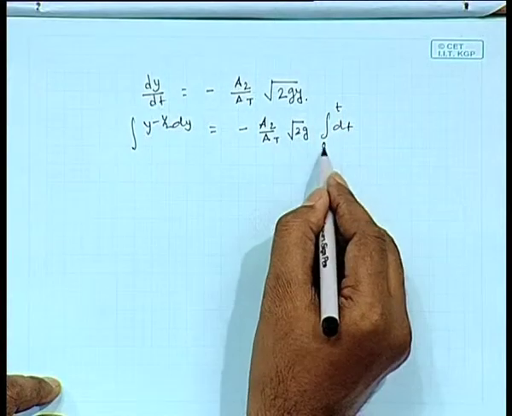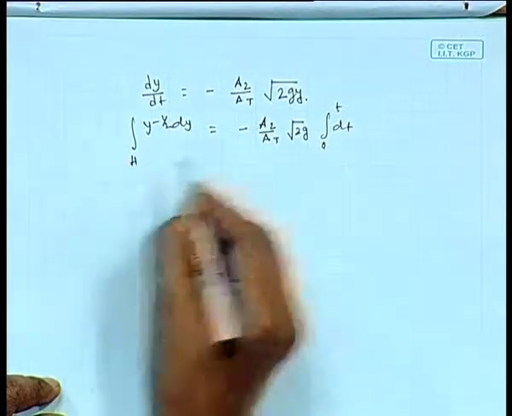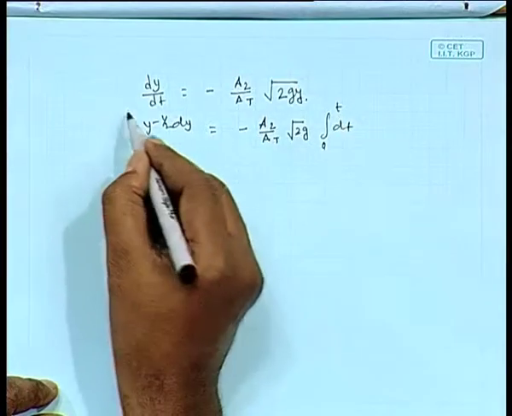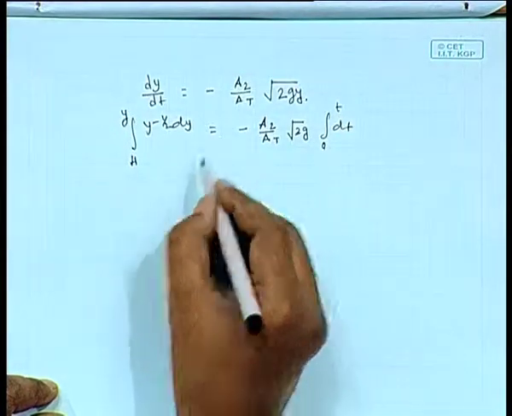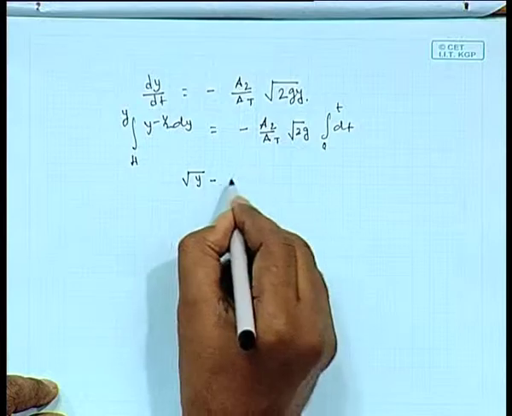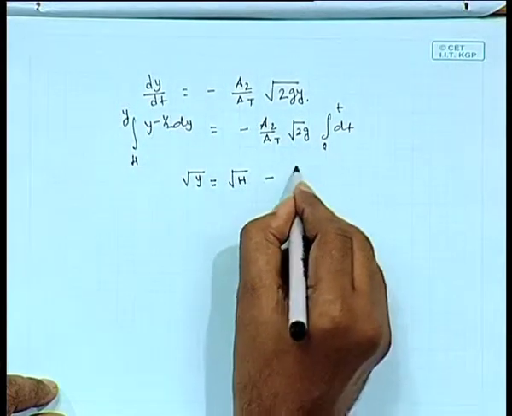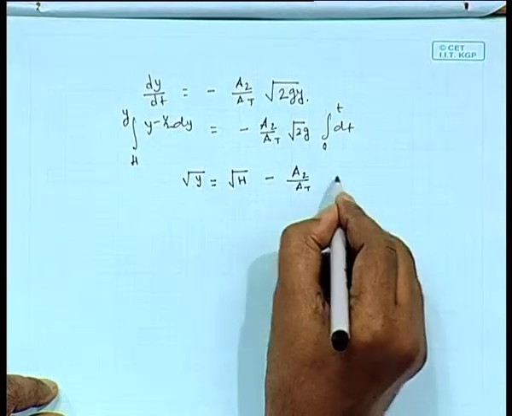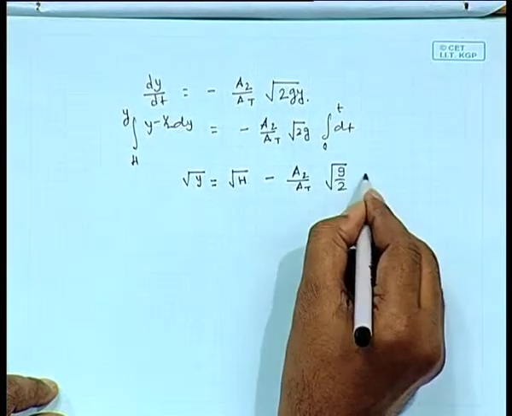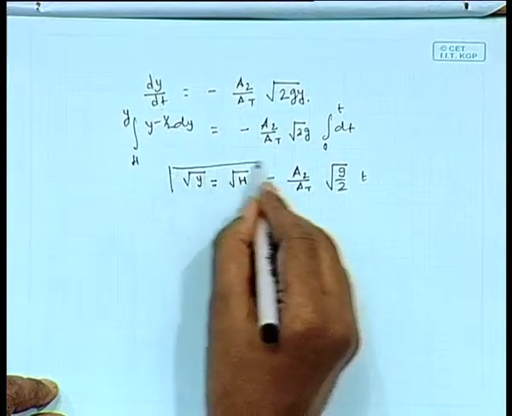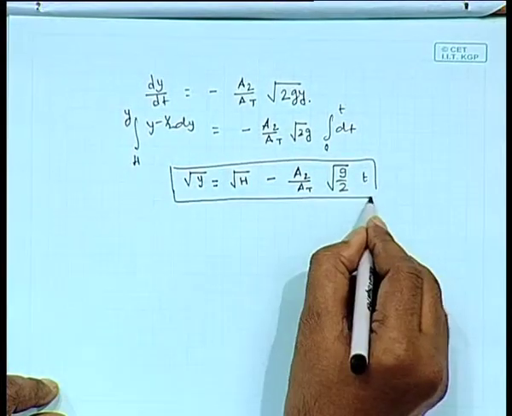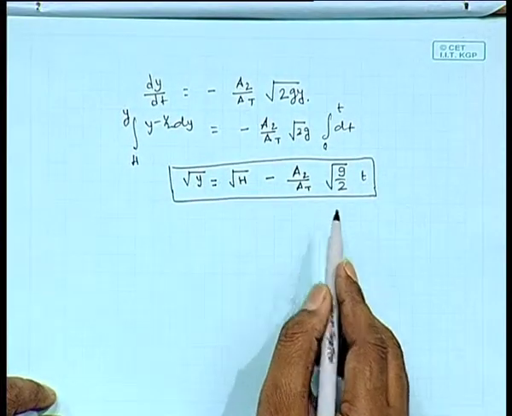From zero to t: at time t equal to 0, the height was h, at time t the height was y. So, the solution will be root over y is equal to root over h minus A2 by At times under root g by 2 times t. That is the height at any instant of time.